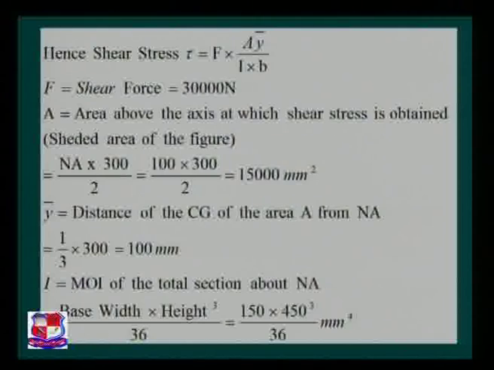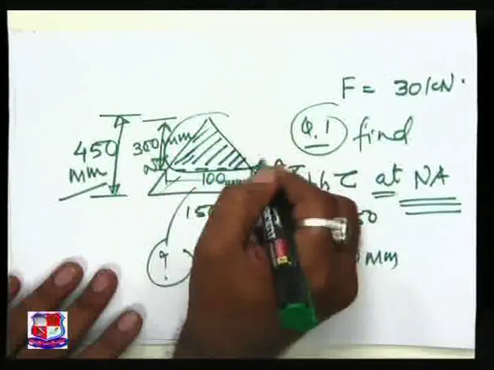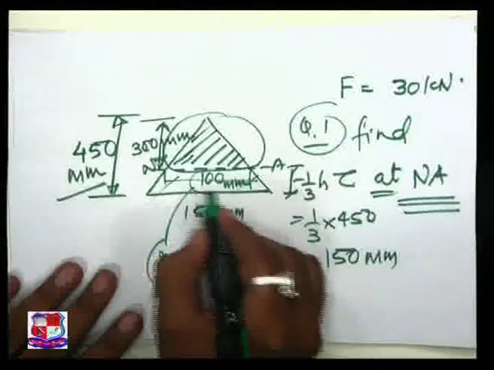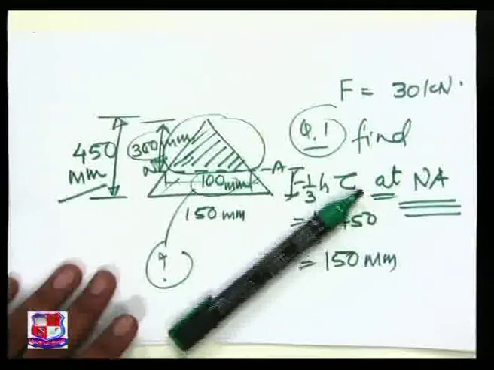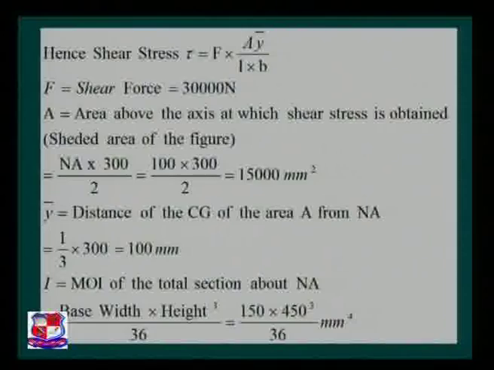So the area A, that is the hatched area above the level of neutral axis, if you want to visualize on this tabletop, this is area A, and we know 100, that is the base width, we know 300 is the height, so we can find out easily area A is equal to half into 100 into 300, that is 15,000 mm square.